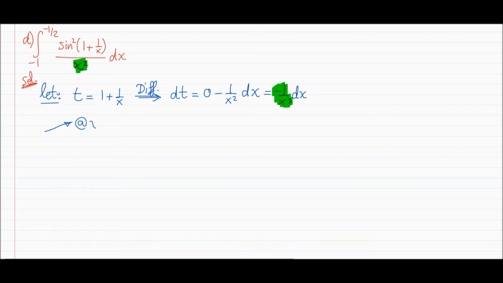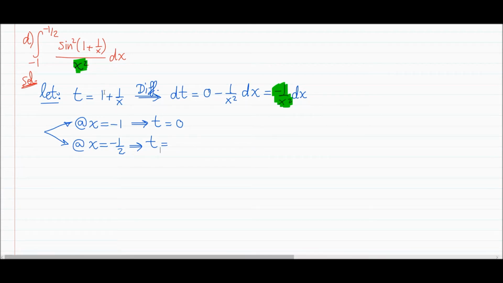So at x equals -1, t will be 1 plus 1 over -1, which will be 0 at the end. And then at x equals -1/2, t will be, you have to substitute in this equation 1 plus 1 over -1/2, which will be 1 minus 2, which will be -1. So I have to write the new integral.